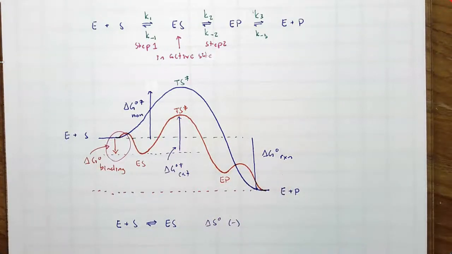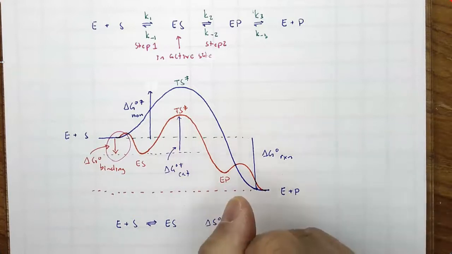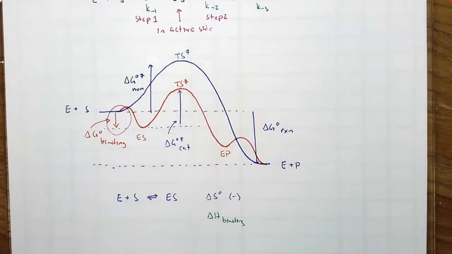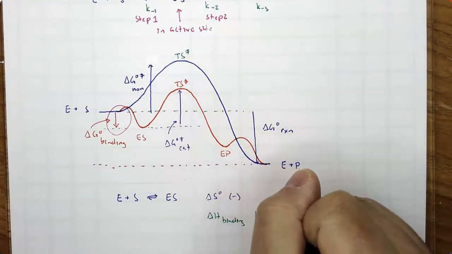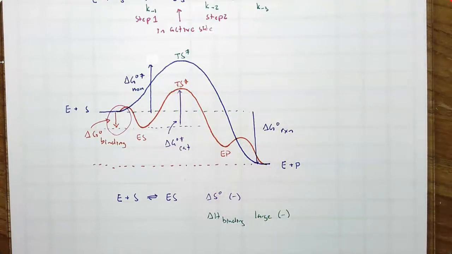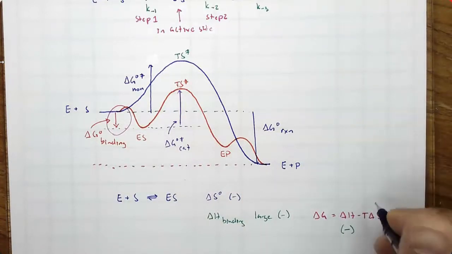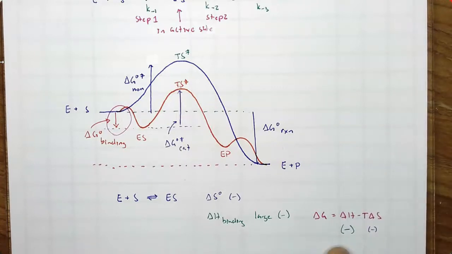It's just that the delta H of binding is so negative, so it's a larger negative, that delta G is negative. And this one is a big negative, whereas this one is maybe a smaller negative.